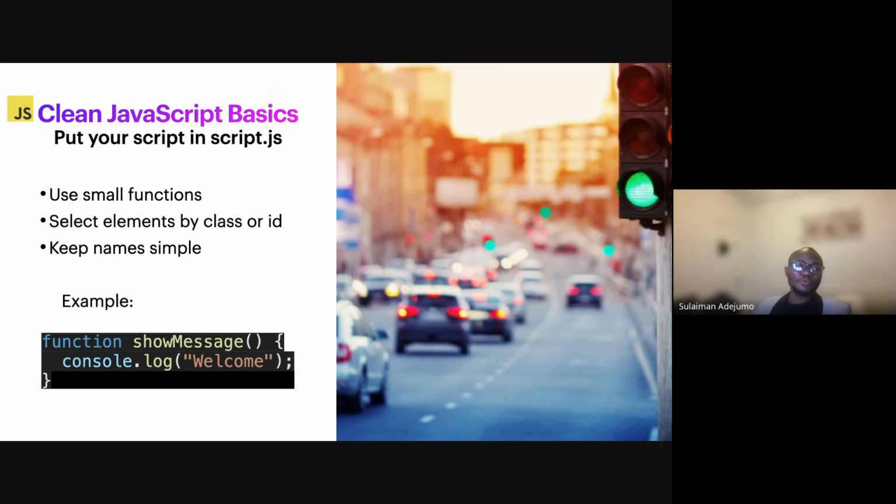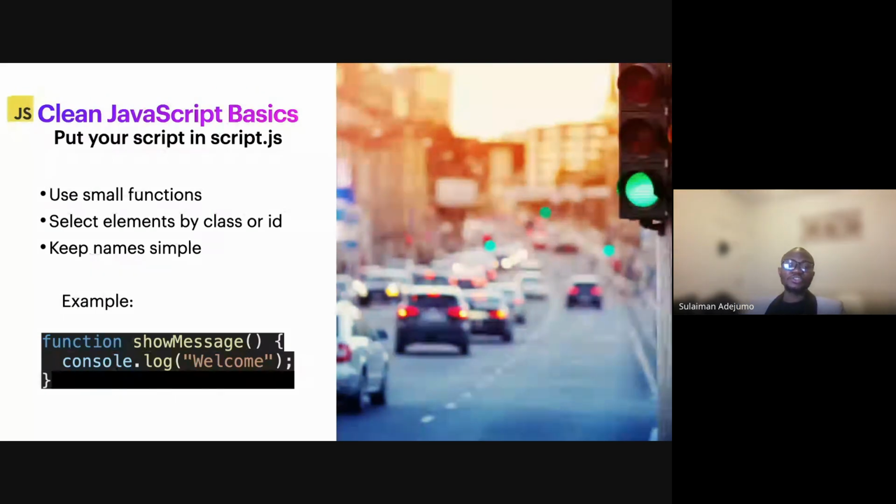Keep things simple. You do not need complicated logic. You don't need advanced concepts. At the beginning, the best thing you can do is write small functions with simple names. For example, the function on the slide. This may look basic, but it teaches you the essential pattern, which is creating a function, giving it a clear name, and letting it handle one small job.